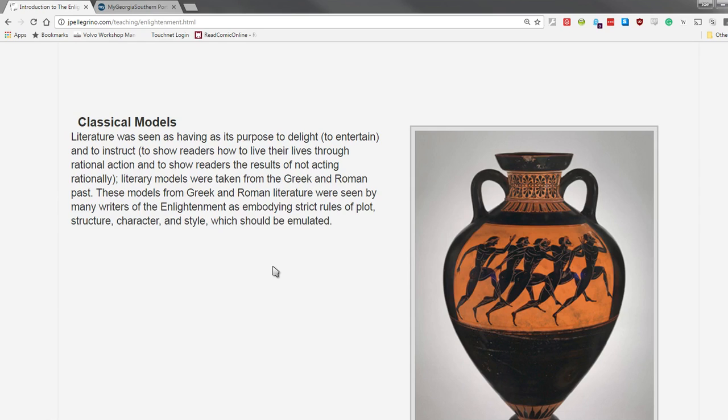Good literature for the Enlightenment thinkers, and they get this idea from ancient Greece and ancient Rome as well, is that literature, art in general, it's not just literature, right? Art both delights and instructs us. Right? There are rules for how to do that, and rules that for the Enlightenment have to do with plot and structure and character and style, and they try to imitate those rules that they pull out of Greek and Roman sources.